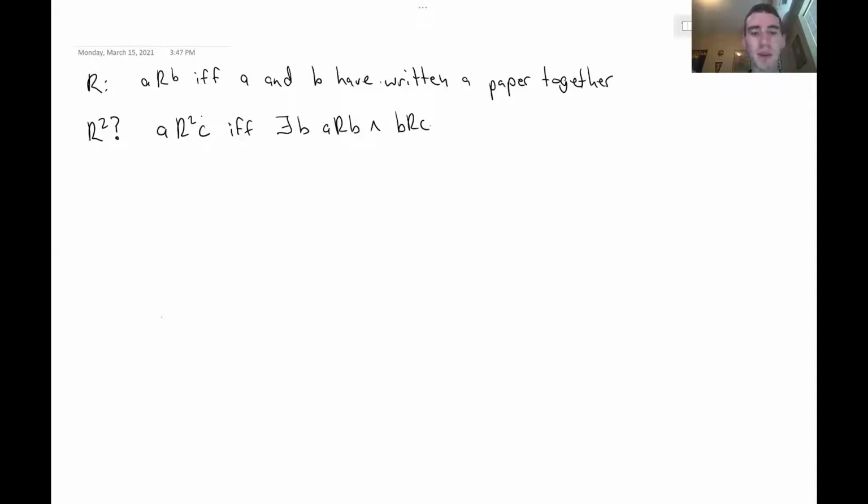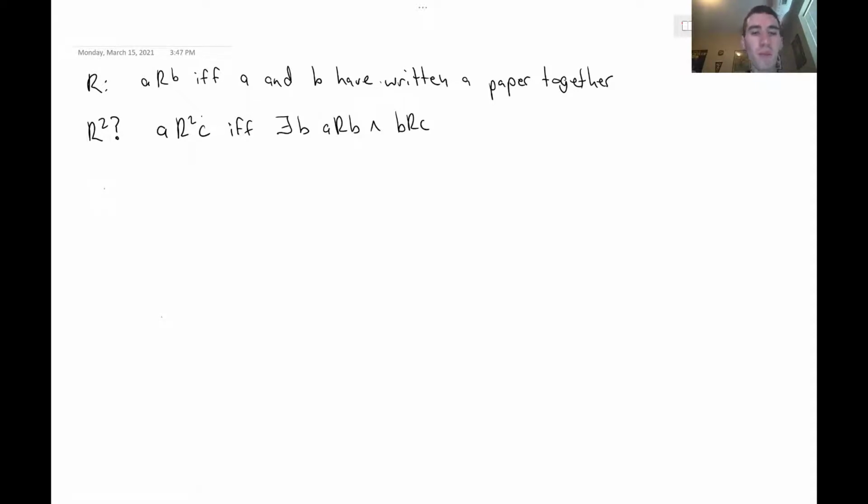So now that we have a little bit more of an intuitive understanding of what's going on with R squared, let's figure out its properties. So we're going to look at reflexive. Is this reflexive? Does every element relate to itself using R squared? The tricky thing is we're looking to see that every mathematician has written a paper with someone, and then that someone has written a paper with the original mathematician.